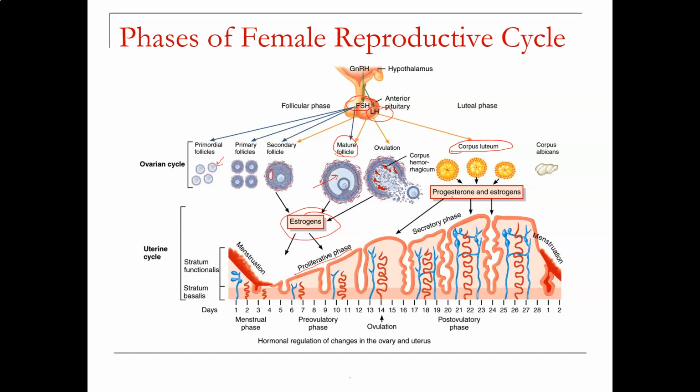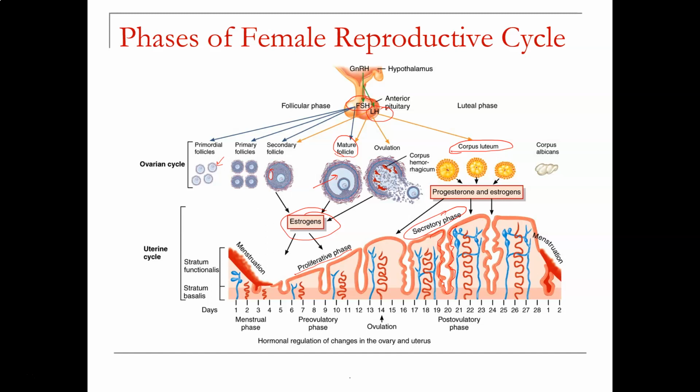So now we have progesterone as well as estrogen being made in the ovary, and that brings about the secretory phase in the uterus, where glands, these epithelial cells invaginating down in the endometrium, are secreting things like nutrients in case the egg gets fertilized. So they call it the secretory phase. Glands are secreting.